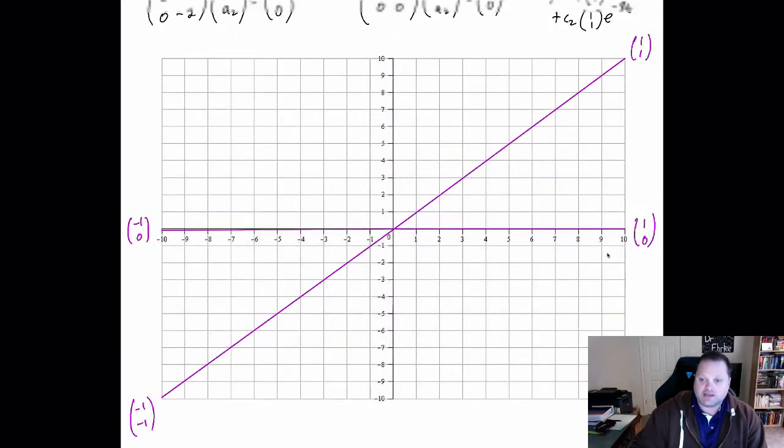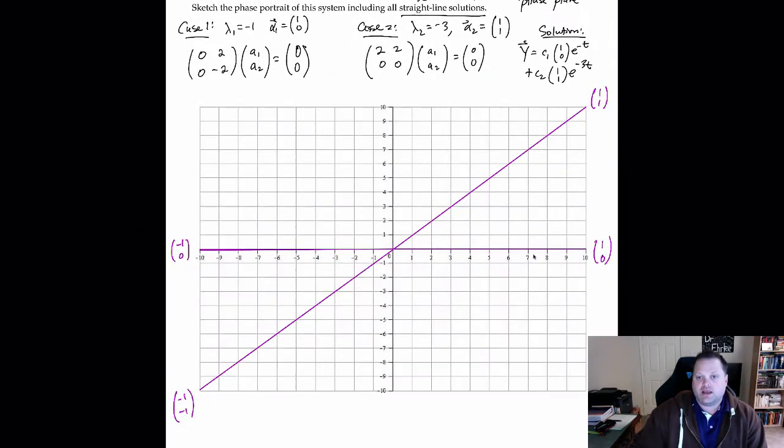So here the idea is we have straight line solutions. And what I mean by that is if I have an initial value and I start on any of these vectors, then over time I stay on these vectors. And in fact, over time, because the magnitude of all the vectors heads to 0, I know that if I start on one of these vectors, then over time I'm going to move towards 0, 0, because both the x and y components here are moving towards 0, 0.